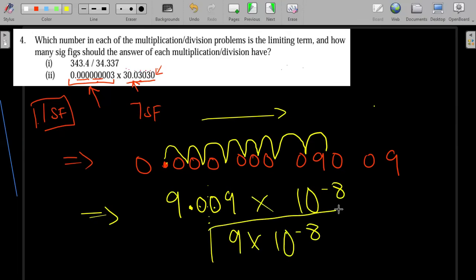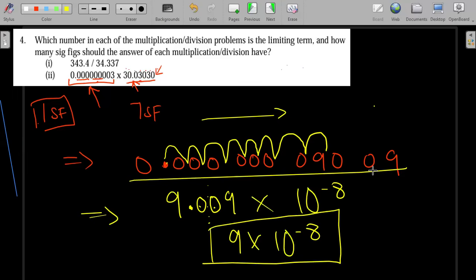This one clearly has one significant figure, but it has the same magnitude as that one. Any questions there?